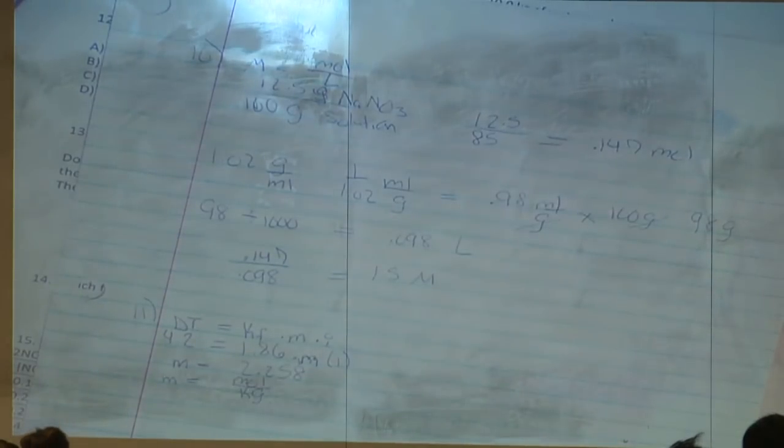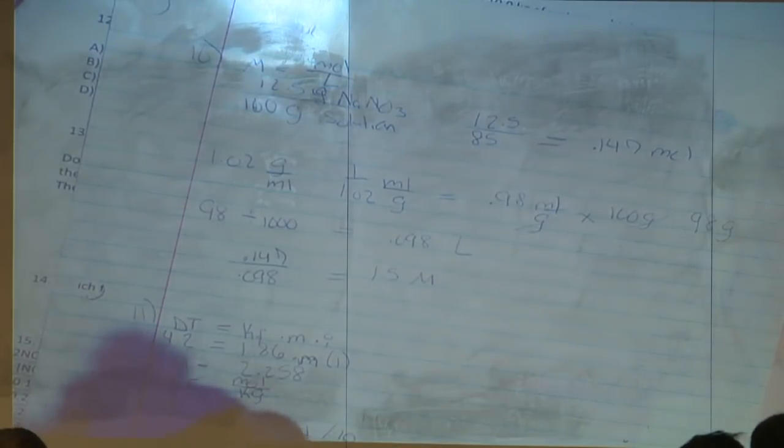We were given the kilograms already. So 2.258 equals moles over kilograms, which we said is 10. So we're going to times both sides by 10. We get 22.58 equals moles. And moles is grams divided by molar mass, right?